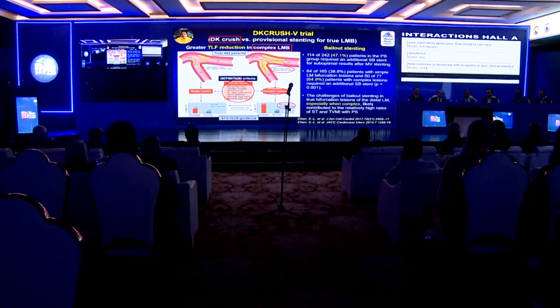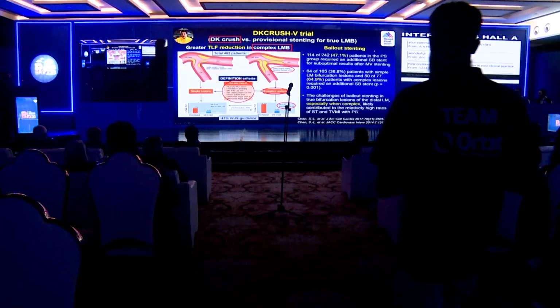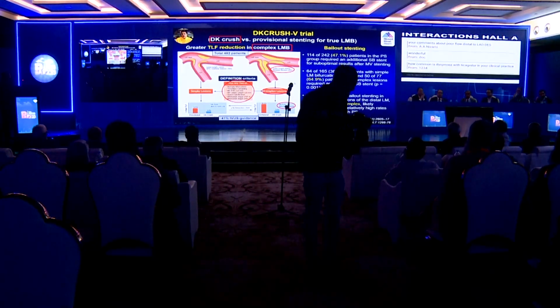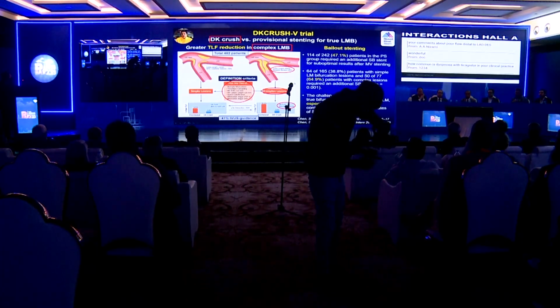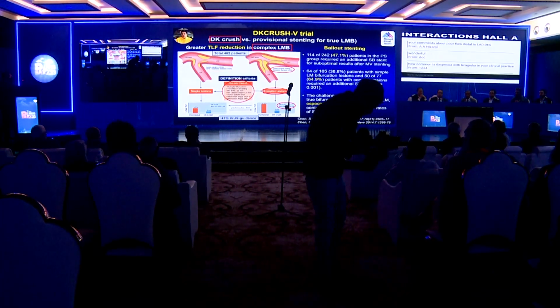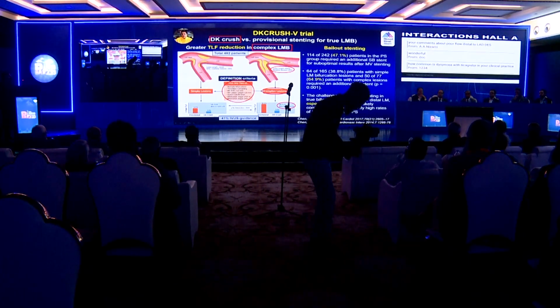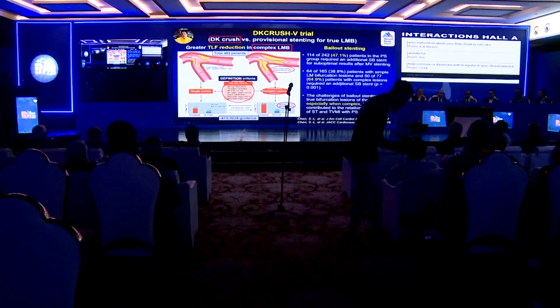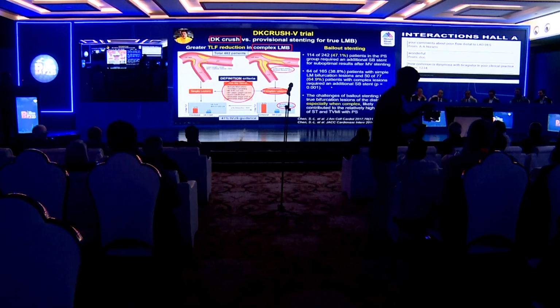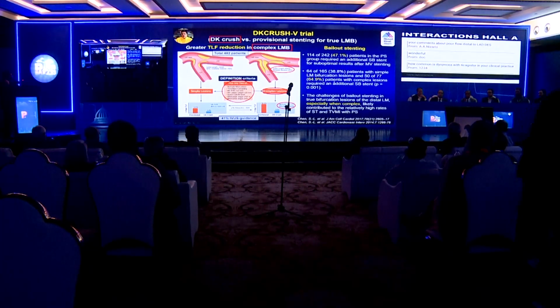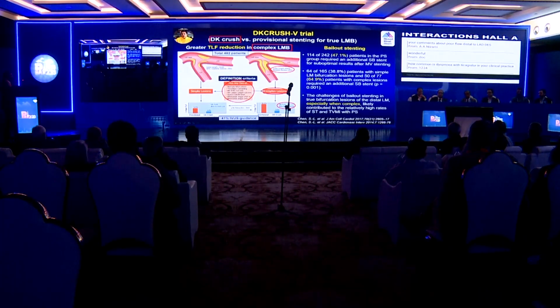Now, very important, what we learned from this trial was about bailout stenting. 47% of the patients in provisional stenting, that is, if you did a single stent, required a second stent because of a suboptimal result in the main vessel stenting. 38% of the patients with simple lesions, as well as 64% of the patients with complex lesions, required second stenting if they went to provisional stenting.